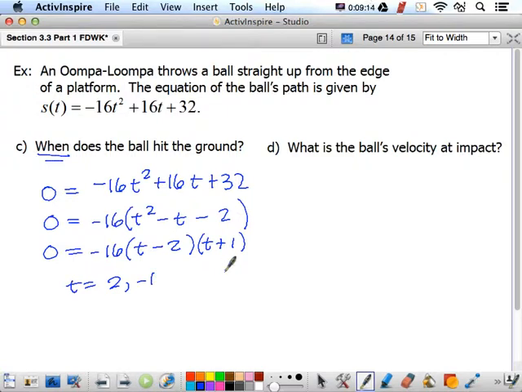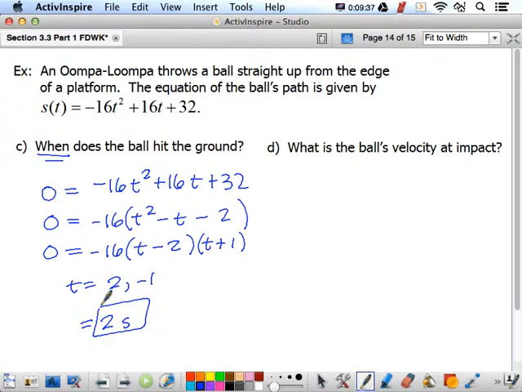But negative 1 would pre-exist the problem. That's what I mean by saying, like, this parabola acts as if you could let time be negative infinity to positive infinity, but you can't. We can only let time be 0 and up. So which of those is the answer to our question? 2. The ball hits the ground 2 seconds after it was released. Is that okay? Yes? Okay.